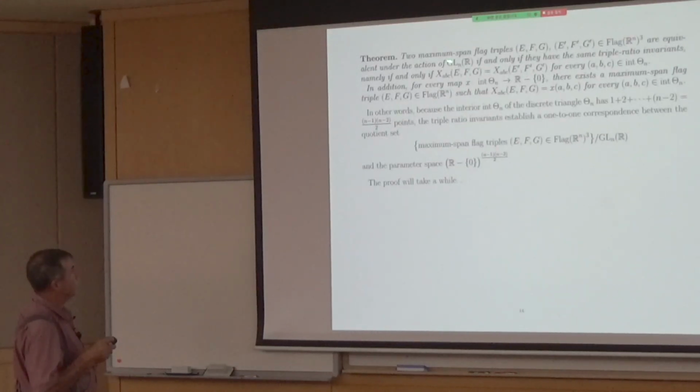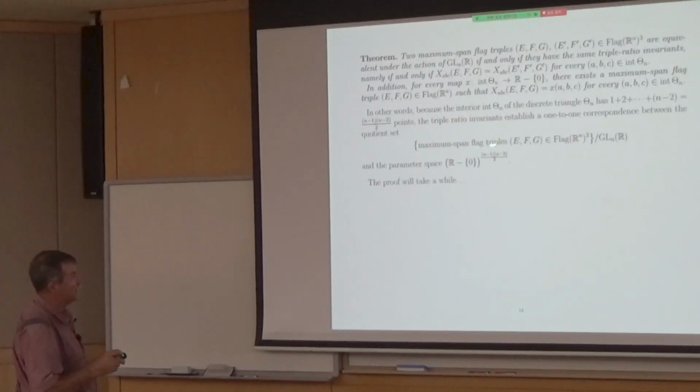And then the theorem is a converse, and it says that the second triple of flags is the image of the first one under a linear isomorphism if and only if the triple ratios are the same. And in addition, any set of non-zero numbers can be realized as triple ratios of some maximal span flag triple.